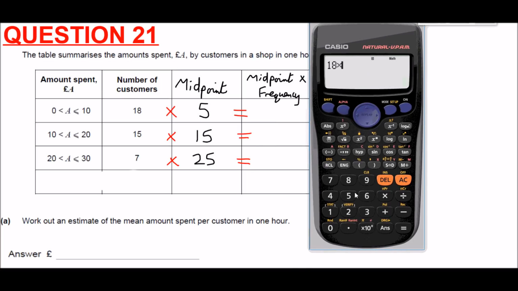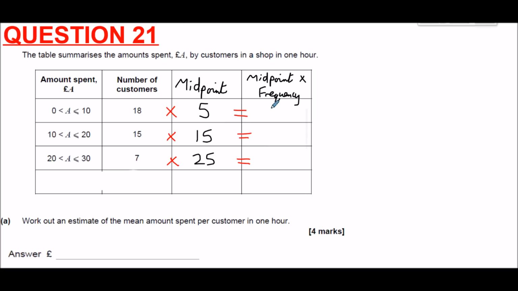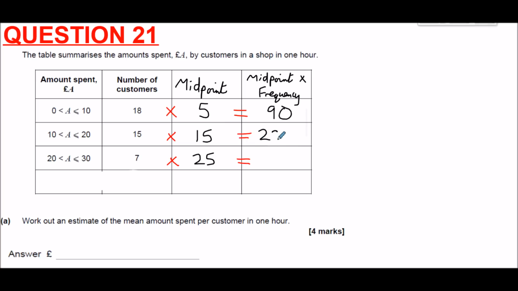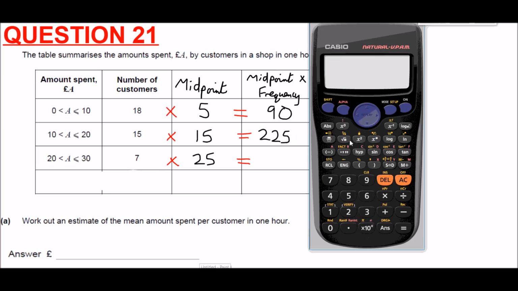18 multiplied by 5 is 90. Next one, 15 multiplied by 15. 15 squared is 225. And finally, 7 multiplied by 25 gives us 175.